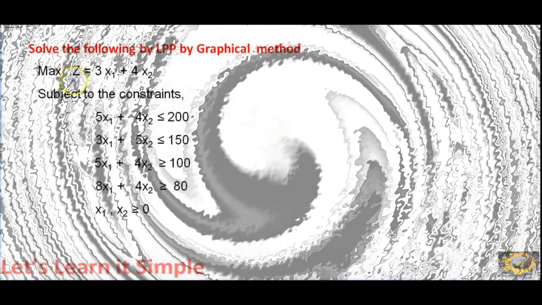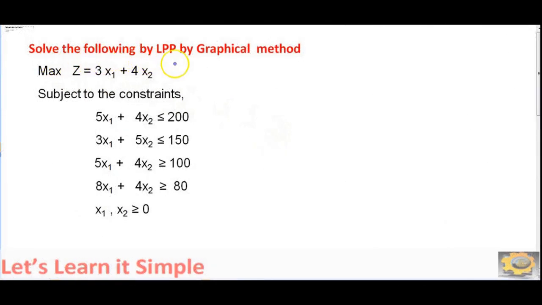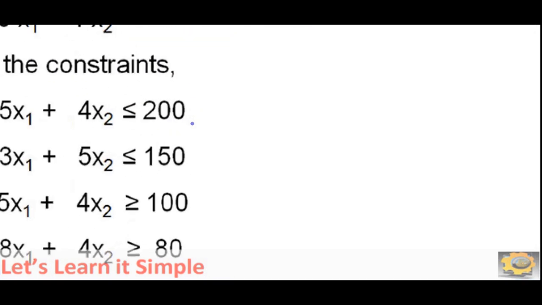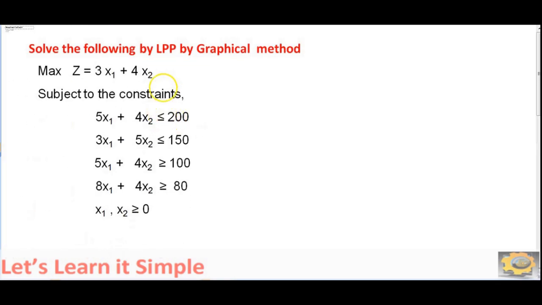This is the problem. Solve the following LPP by graphical method. The objective function is maximize z equal to 3x1 plus 4x2. It is subject to a set of constraints. So, we have got 4 constraints. Out of the 4 constraints, 2 are with less than or equal to inequality and the remaining 2 are with greater than or equal to inequality.